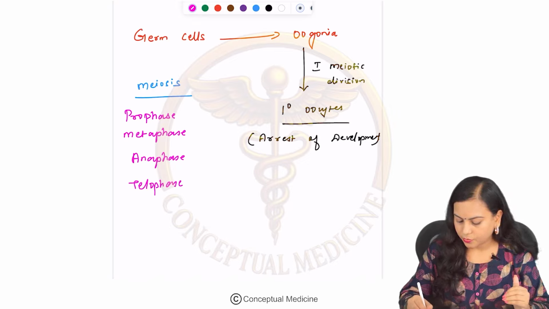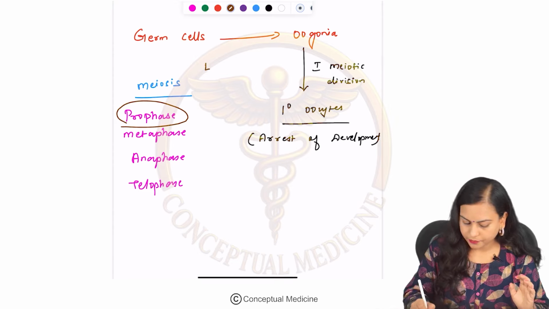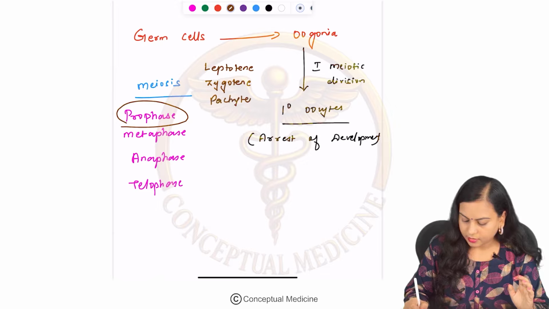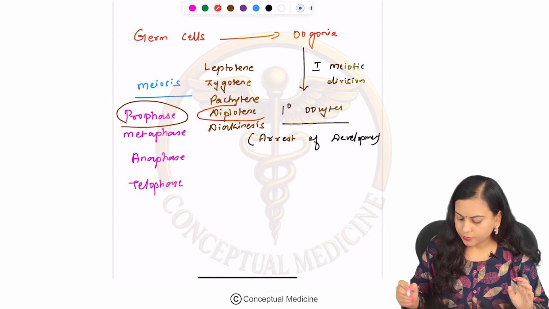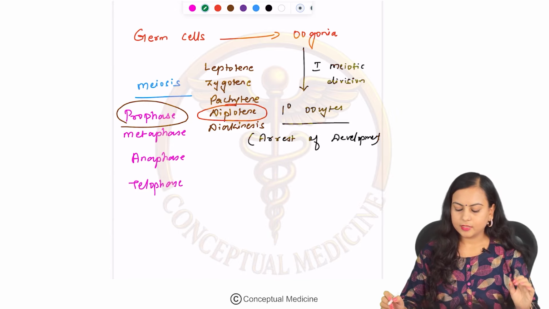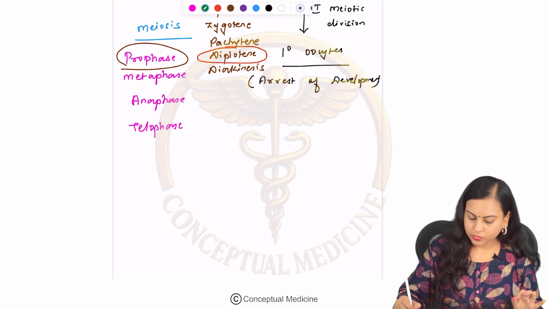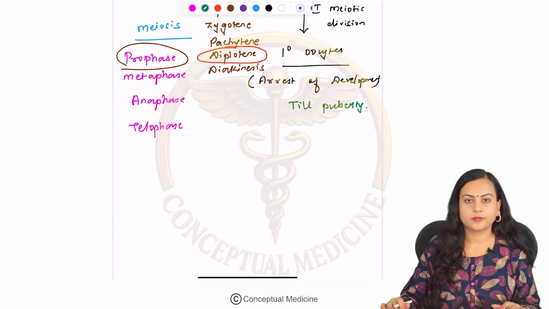Again, this prophase has 5 phases that include leptotene, zygotene, pachytene, diplotene, and diakinesis. So this primary oocyte is going to get arrested in the diplotene phase of prophase of meiosis 1, and this arrest will be there till puberty. This concept is important, right?